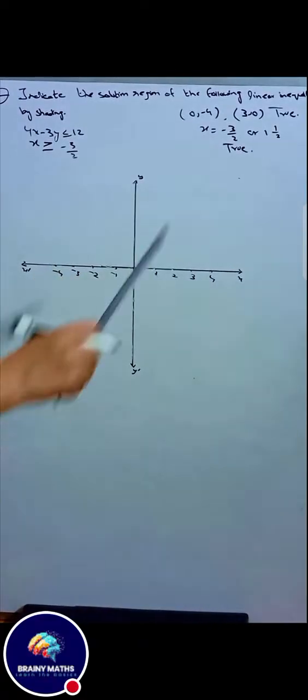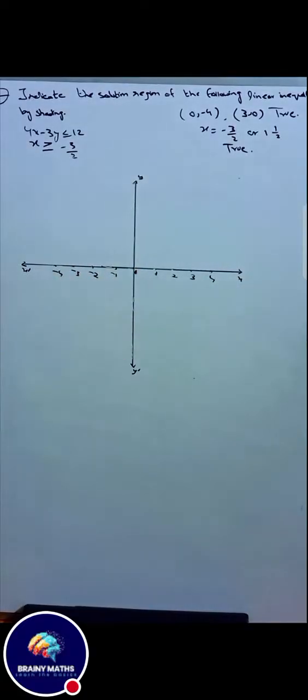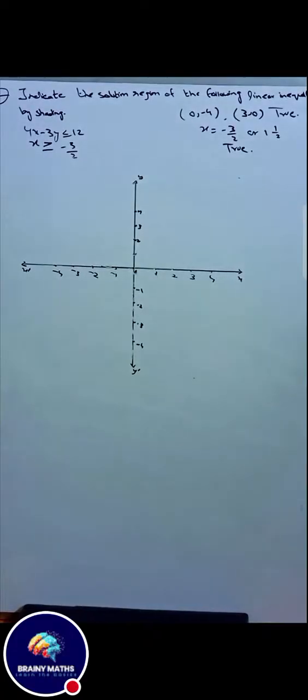Next, I have x as minus 3/2, similar, so just take the same values here: 1, 2, 3, 4, and opposite, minus 1, minus 2, minus 3, and minus 4.